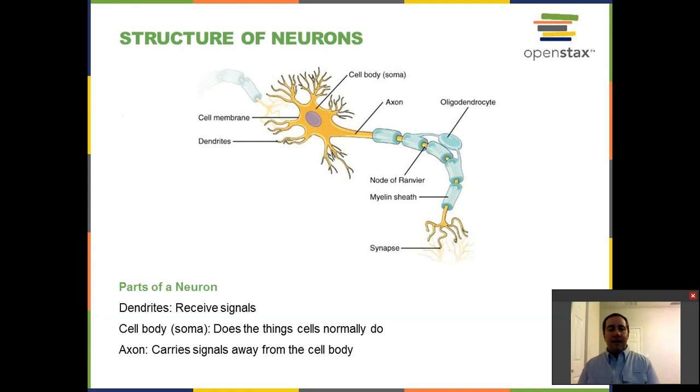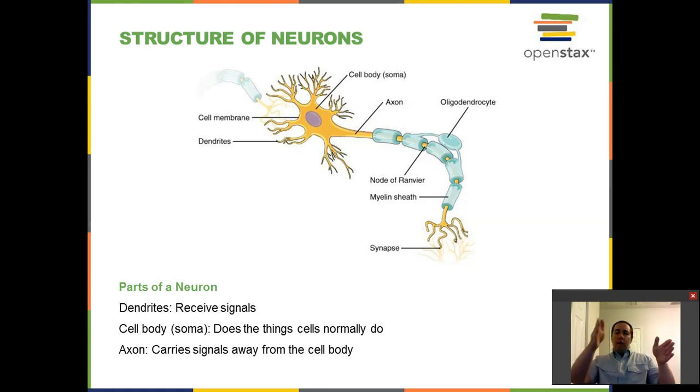The answer is, in most diagrams, especially in this class, it is only going to have one axon. However, in real life, there are plenty of neurons that have multiple axons, and there are actually neurons that have no axons.